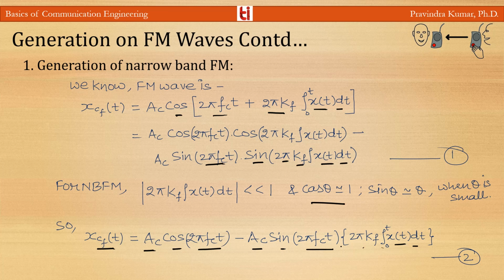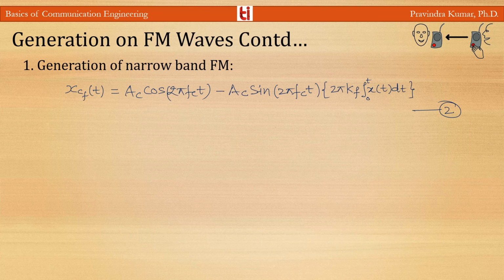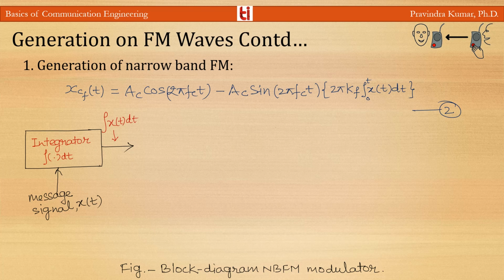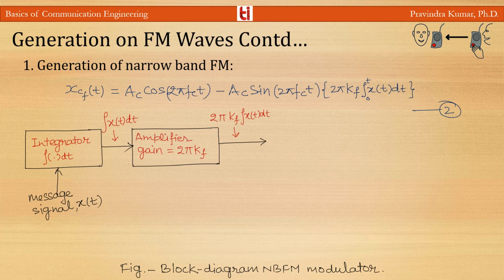Using this equation we can draw the block diagram of the narrowband FM modulator. First we take the integration of the modulating signal, then multiply by 2π kf using an amplifier with gain 2π kf.